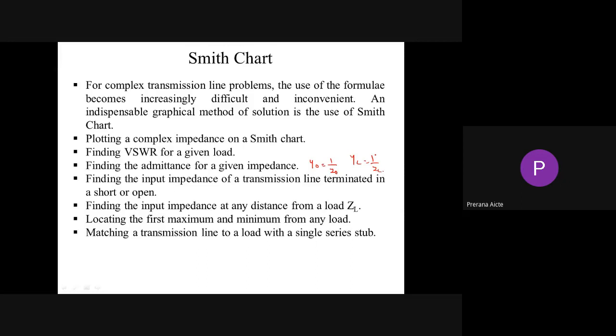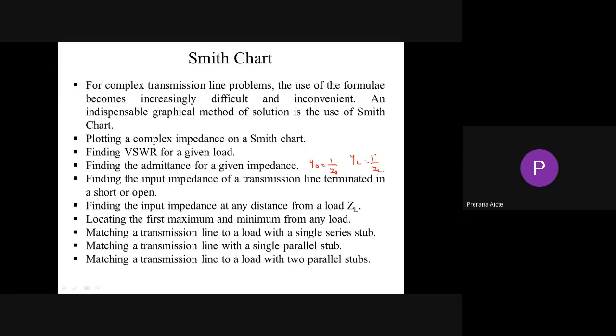So the stubs are matched to the transmission lines. Matching a transmission line with a single parallel stub, and matching a transmission line to the load with two parallel stubs. If the single stub is not enough to match the impedance to a load impedance, then we have to use one more stub, that is the double stub. These double stubs are matched to the load.